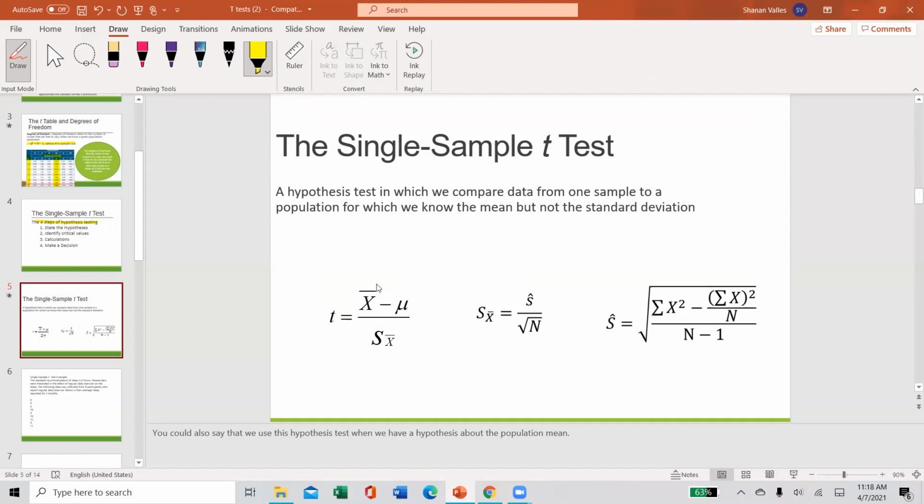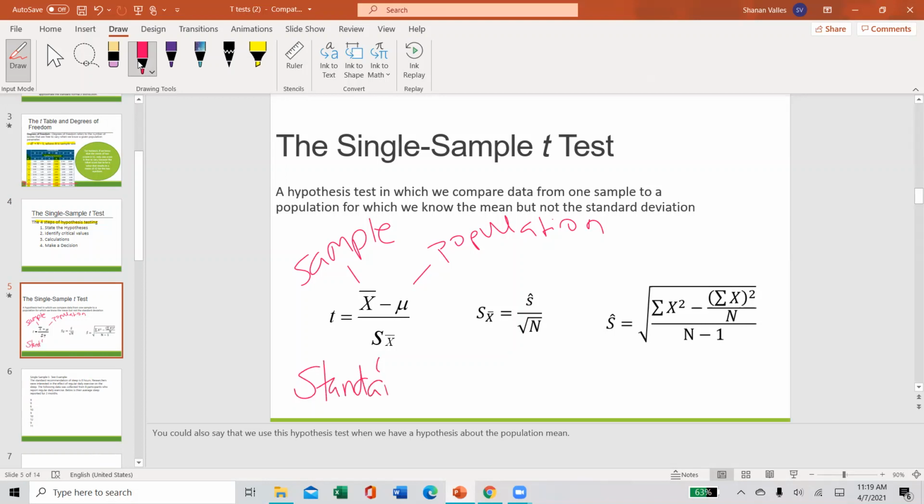If you remember, this is our sample mean. This is our population mean. And this right here, you may remember when I was rambling on about the central limit theorem and sample size, I introduced at the very end something that we call standard error.